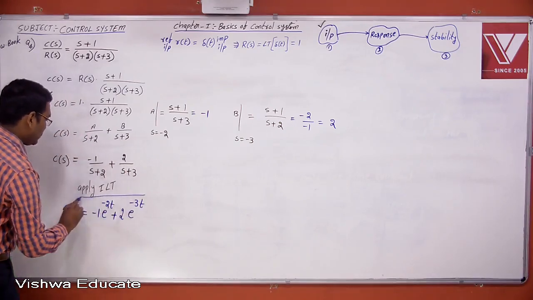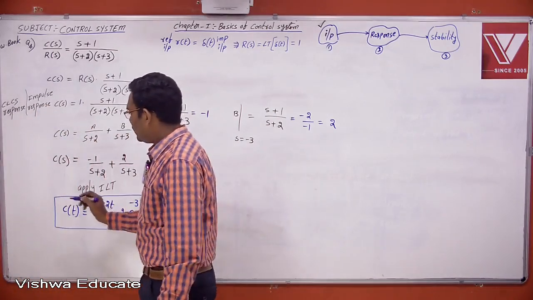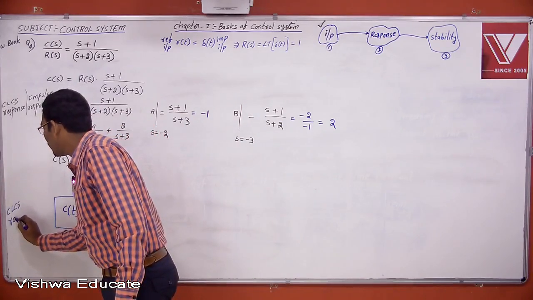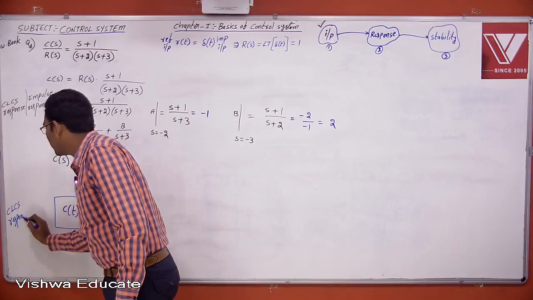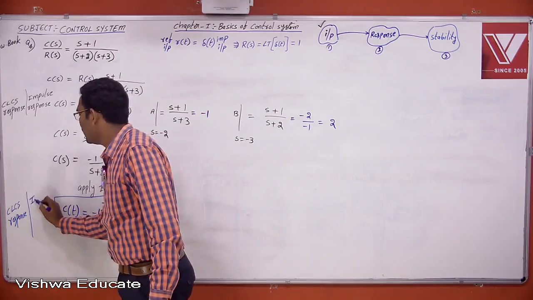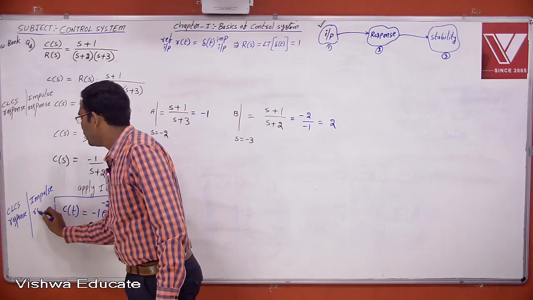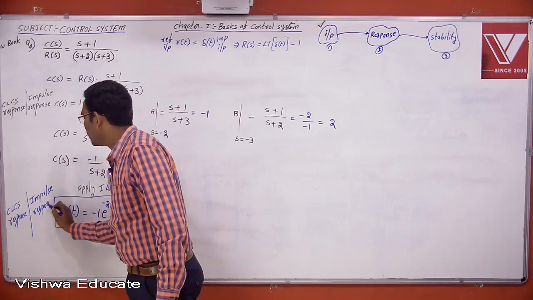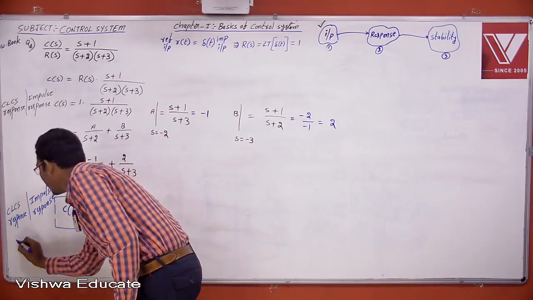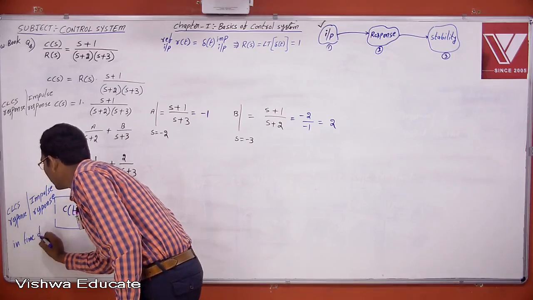Now this is the closed loop control system response, or impulse response, in time domain.